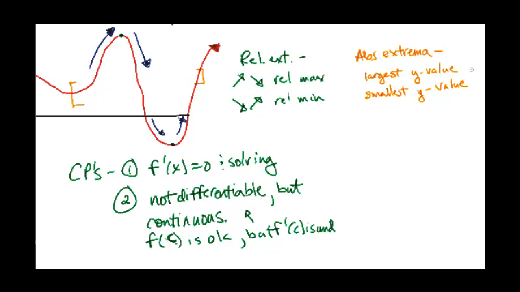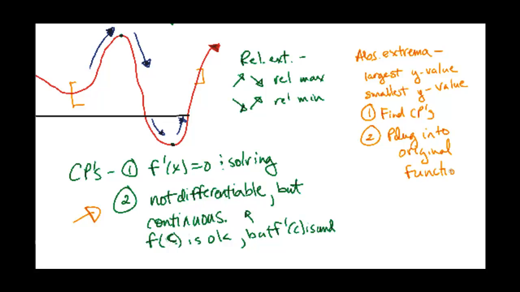So how do we differ in their techniques? Well, in the absolute extrema, you're going to find your critical points using this method that I just went through, and then you're going to plug those into your original function, and look for the largest and smallest answer.